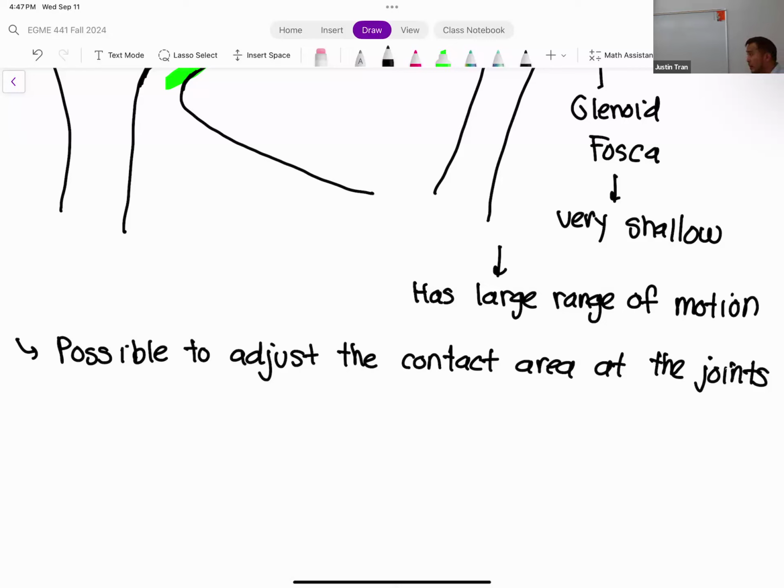We touched on this a little bit last time: through the actions of your muscles, you can literally push the bones at the joints closer together.